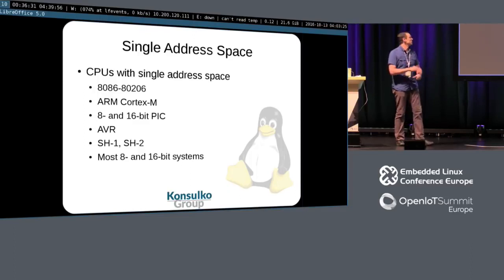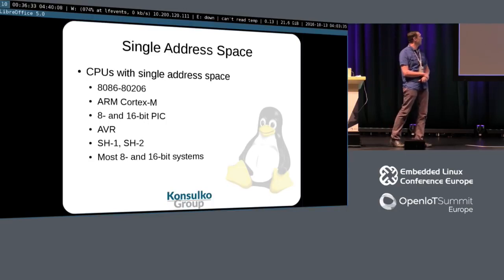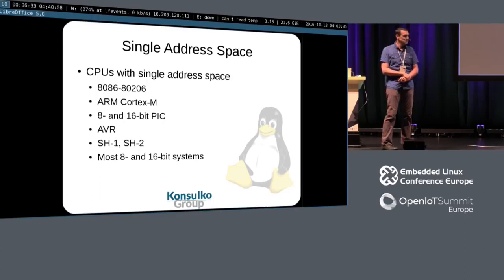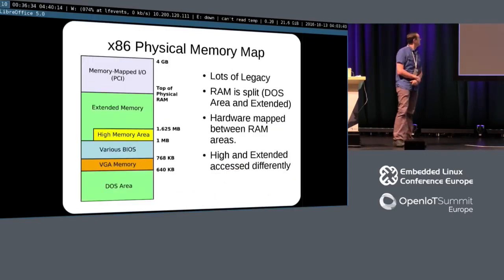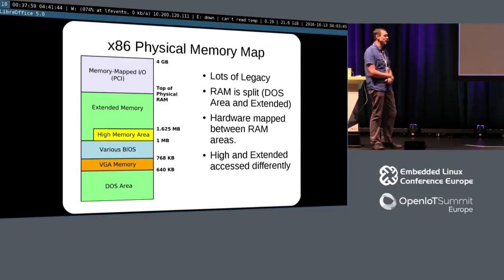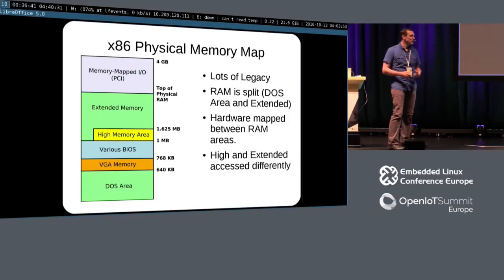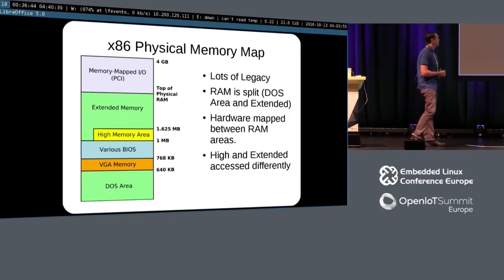Examples of these would be an 8086, Cortex-M parts, AVRs, all these low-end microcontrollers and the old pre-MMU processors. So let's take a look. I know a lot of us are not working on x86, but it serves as a ubiquitous example. If we look at a 32-bit x86 system, right?